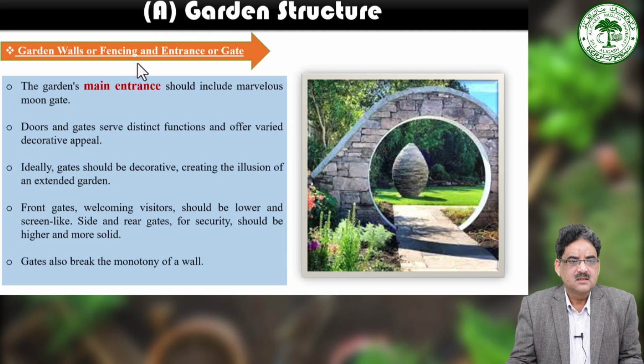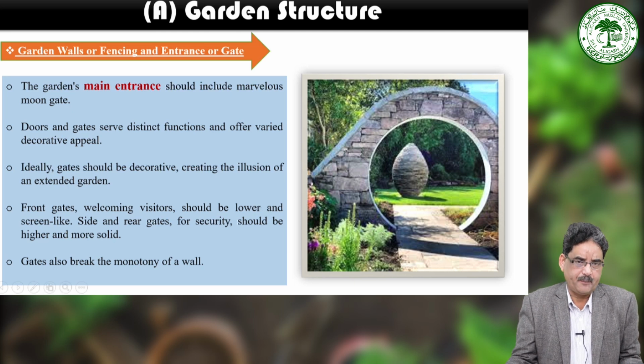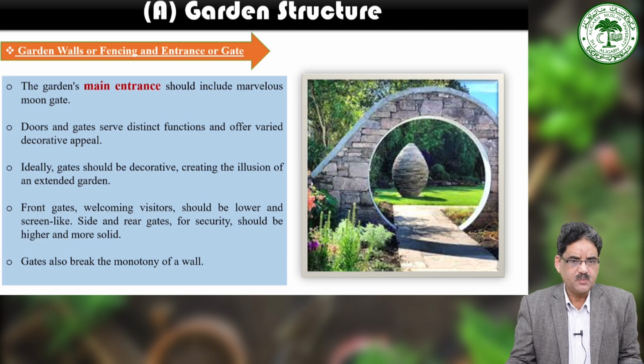In gardens, the main entrance should be a marvelous moon gate like this. The doors and gates have different functions and different decorative appeal. Therefore, they should be constructed in a way which may suggest that it is possible to explore more of the garden. It should ideally be decorative to give an illusion that the garden extends beyond its real limits.